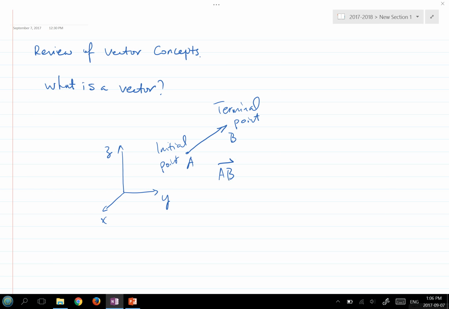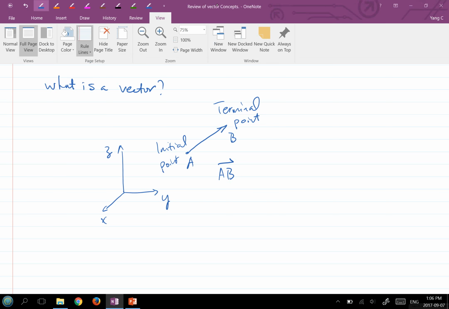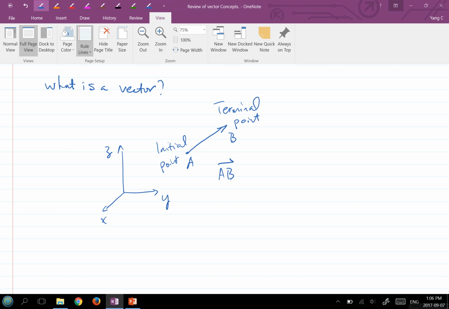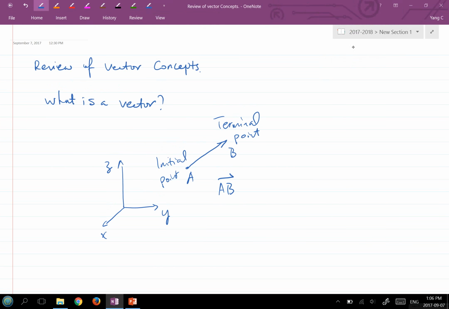Before I talk about the actual meaning of a vector, let me ask you a question and see how your understanding of vectors is. Let's say I have AB somewhere in 3D space.